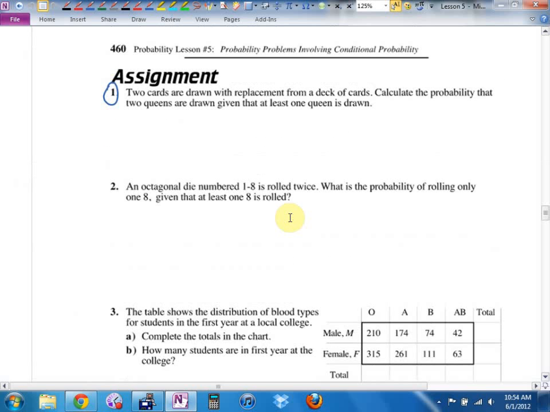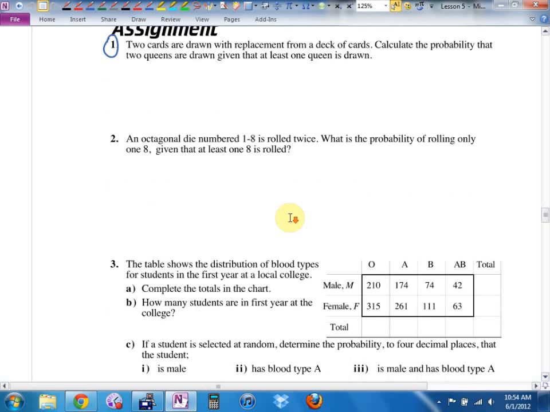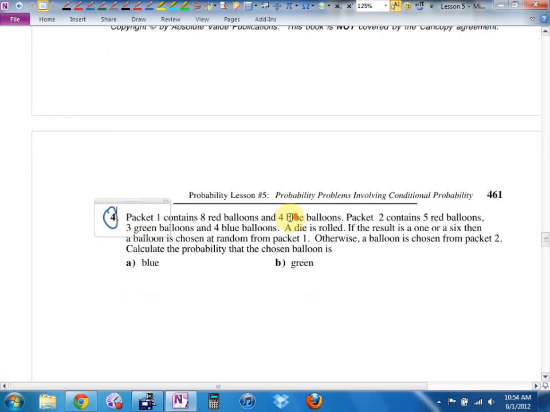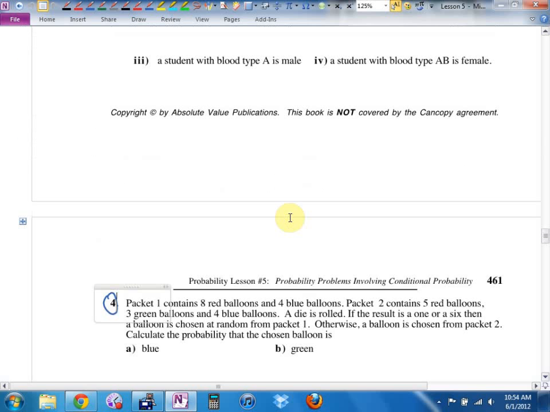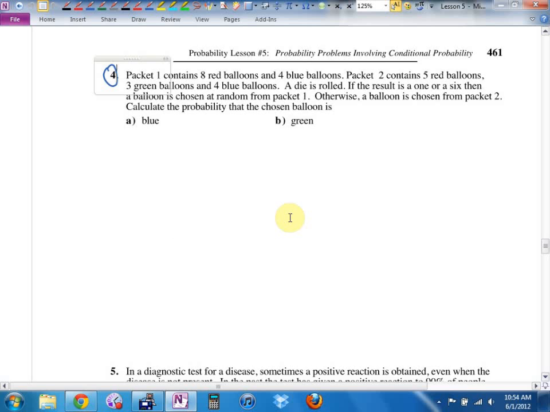Page 460. Turn to page 460. Number 1. Page 460, number 1. Number 4.